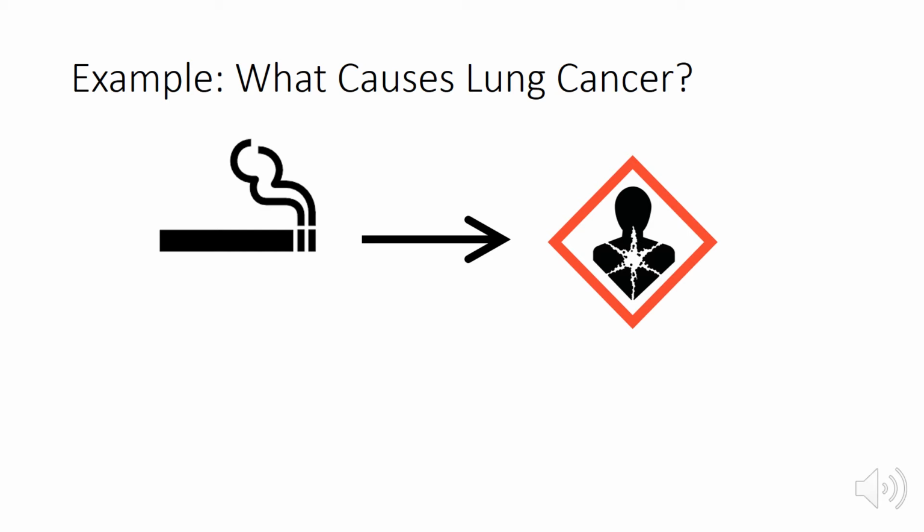The association between smoking and lung cancer previously was argued to be caused by other factors that we might not observe, or it was sensitive to the functional form we chose, or that maybe people who smoked were also more likely to get cancer anyway.